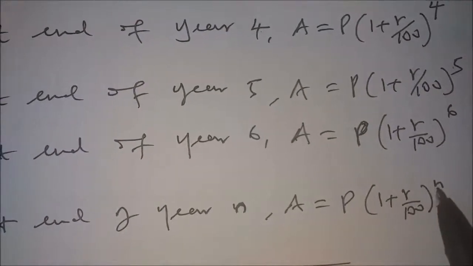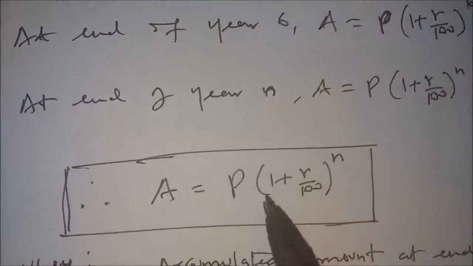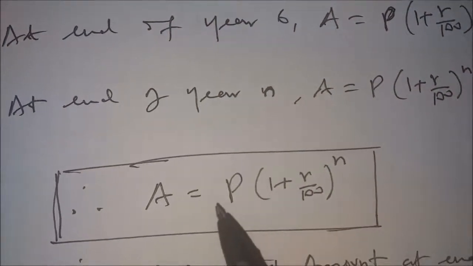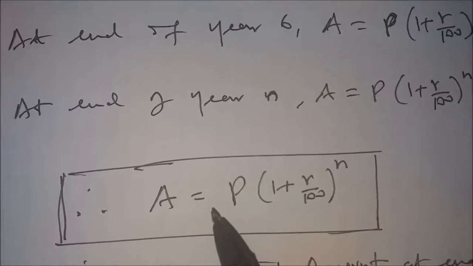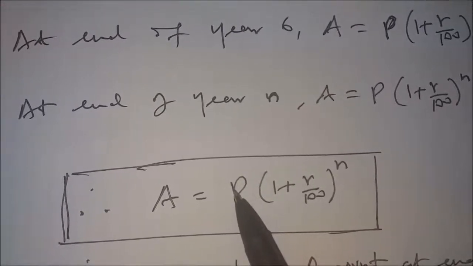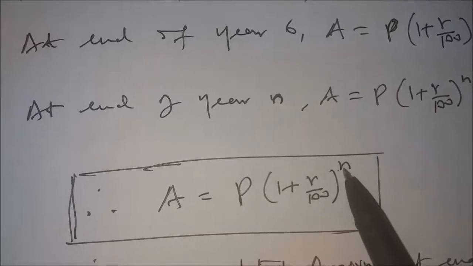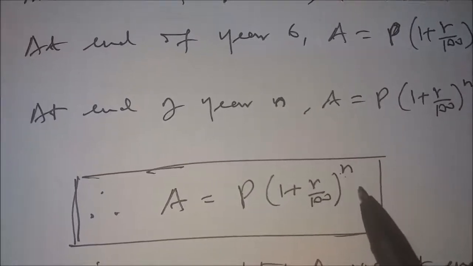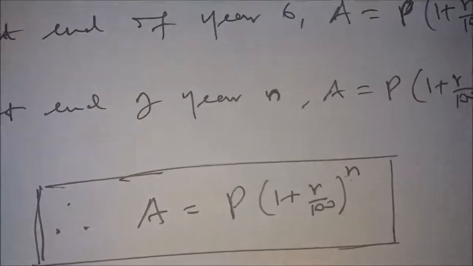And this is the general formula for calculating the accumulated amount on principal P at the end of n interest periods.